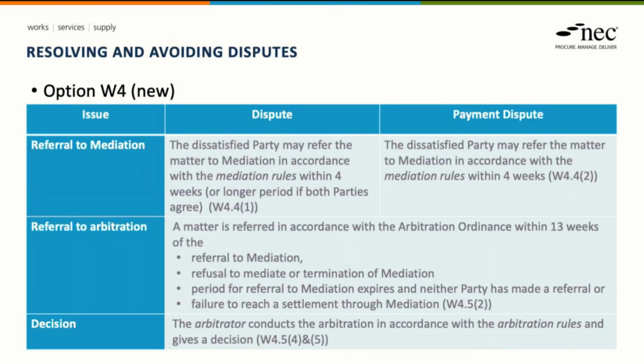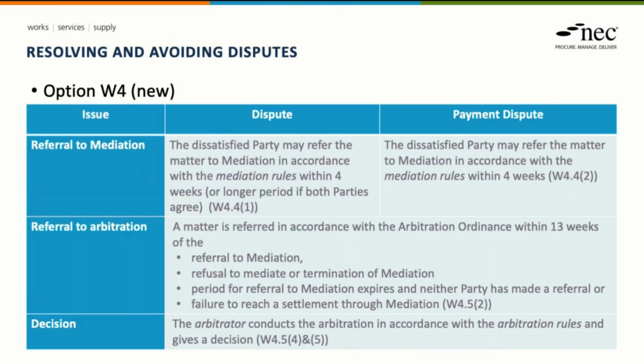If a party is dissatisfied with the decision of the project manager or the adjudicator, once the decision has been made, the party can then refer the dispute to mediation, and the timescale within which to do that is 4 weeks. You can see if it's not a payment dispute, a longer period may be agreed between the parties for how quickly it's referred to mediation.